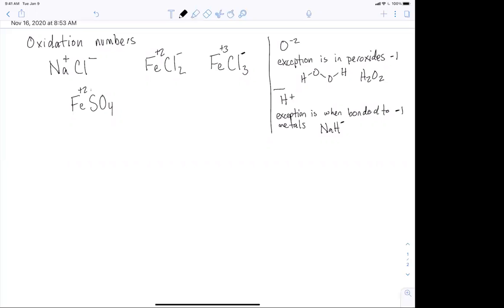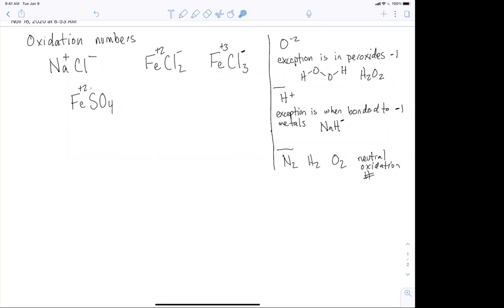Things that are bonded to themselves do not have oxidation numbers. A more technical way to say that is purely covalent bonds have no oxidation state. Things like nitrogen or hydrogen or oxygen, when they're by themselves, these all have 0, a neutral oxidation number.